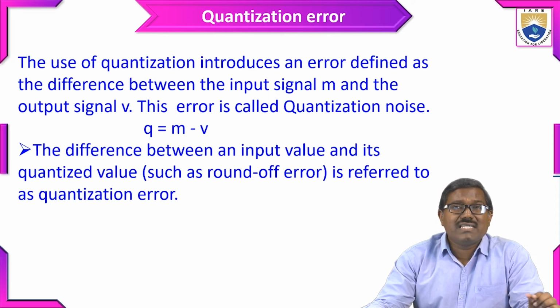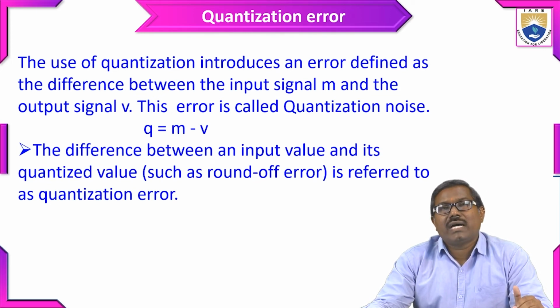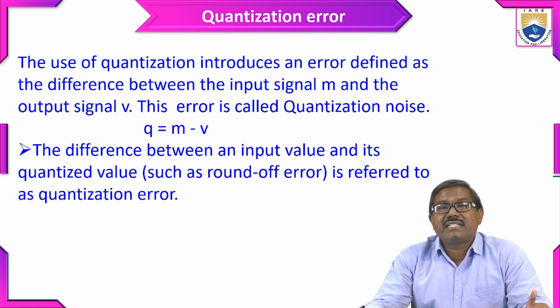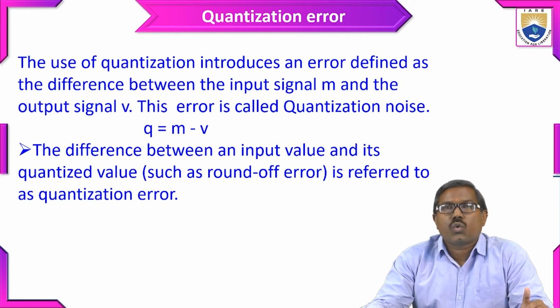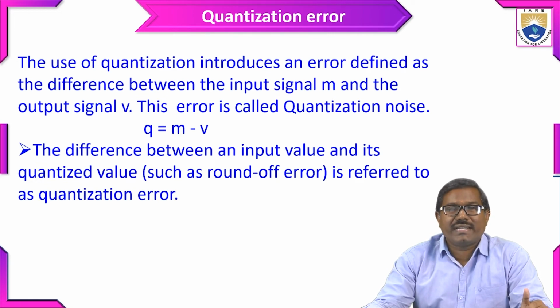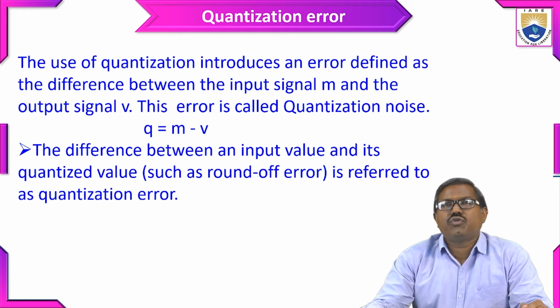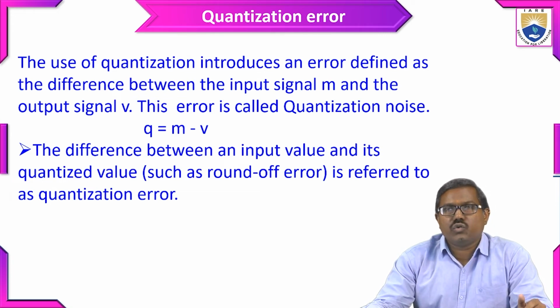So there is some difference between the input signal and the output signal. When you round off the input signal to the nearer predetermined reference levels, we get some error. That error is called quantization noise. You can define Q equal to M minus V. So the difference between an input value and its quantized value, such as round off error, is referred to as quantization error.